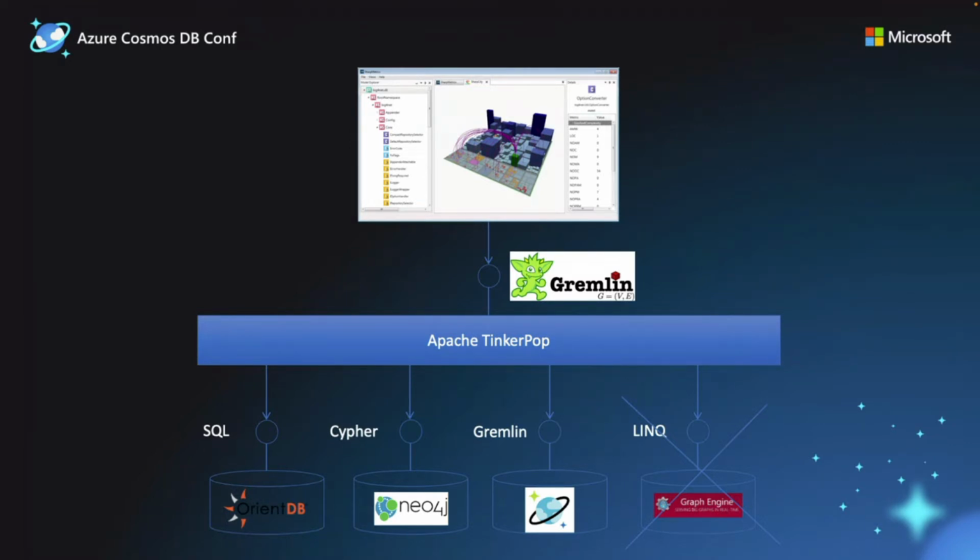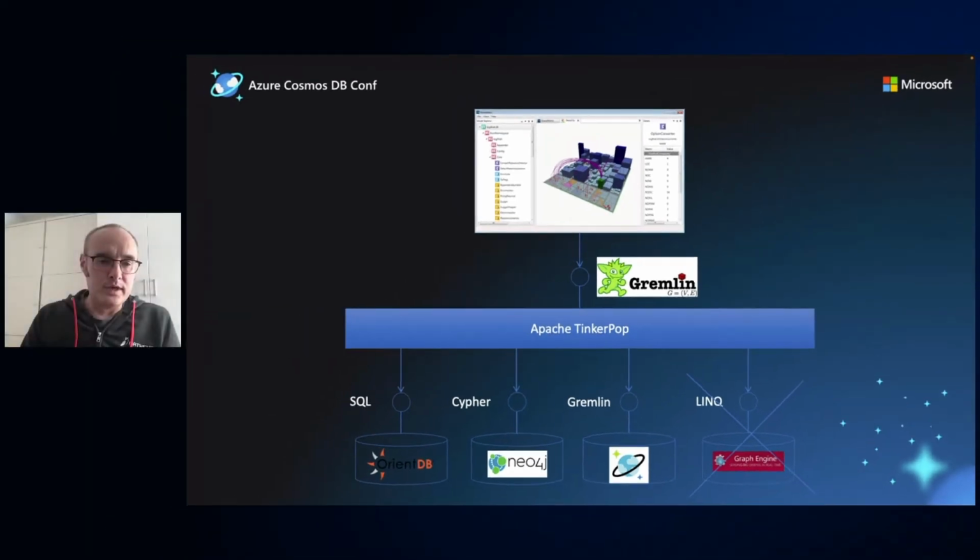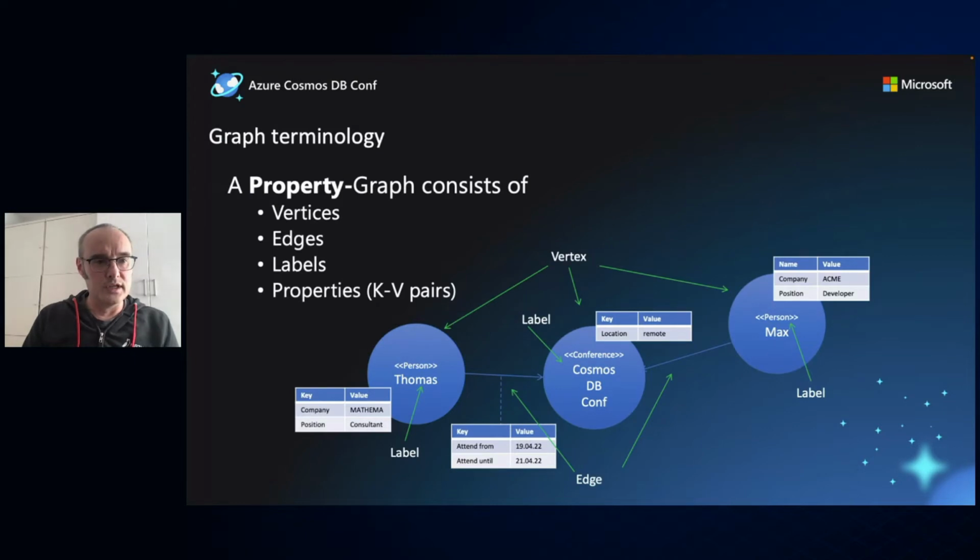Okay, before we really jump into Gremlin, I will give you some terminology which is usually used in graph databases. So we usually have a so-called property graph, and that is also supported by Cosmos DB. In a property graph, we have vertex and vertices, like the three ones shown here in this example.